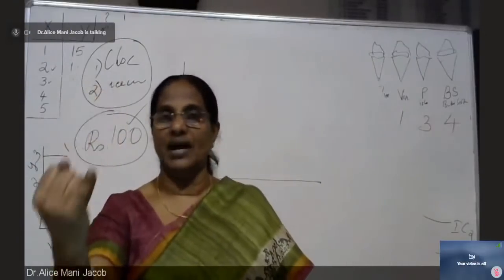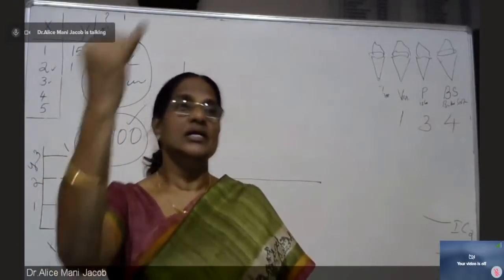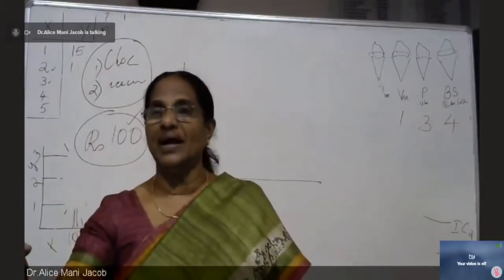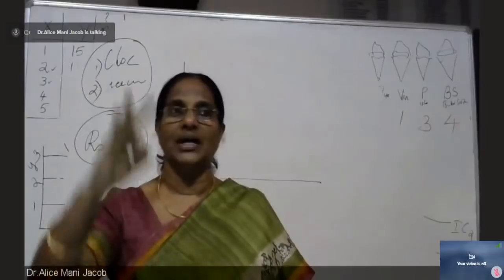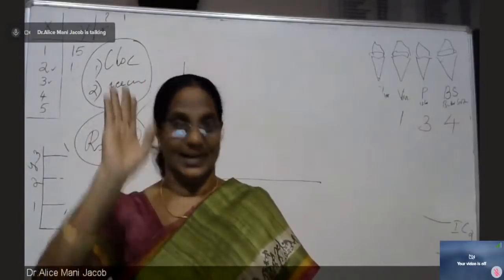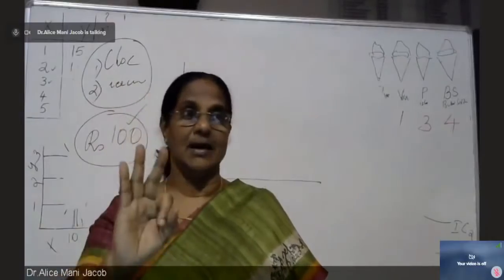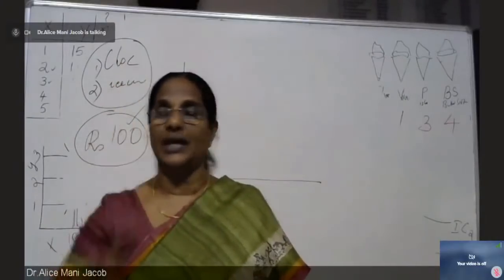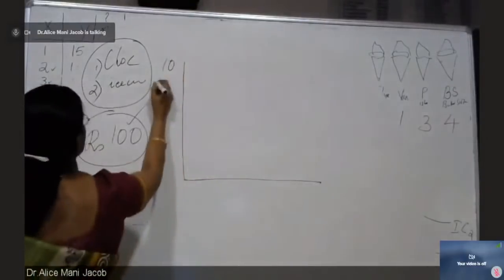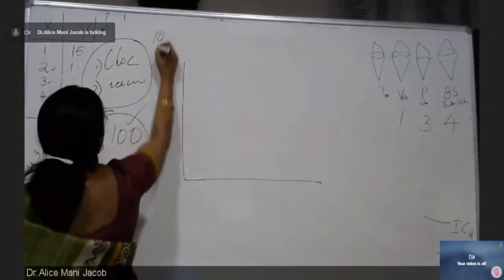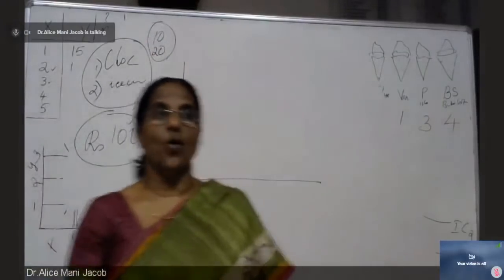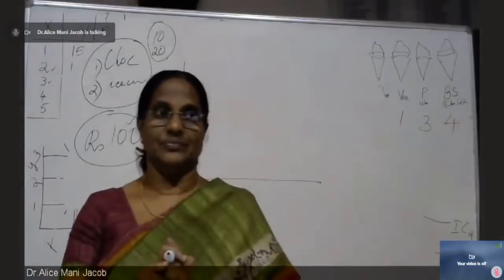That is, you have a well-defined indifference map. Secondly, you have a fixed money income. Thirdly, you spend the entire money income on chocolate and ice cream. Are you with me? Yes. And the fourth thing is, the price of chocolate is 10 rupees and the price of ice cream is 20 rupees. The prices are also given.